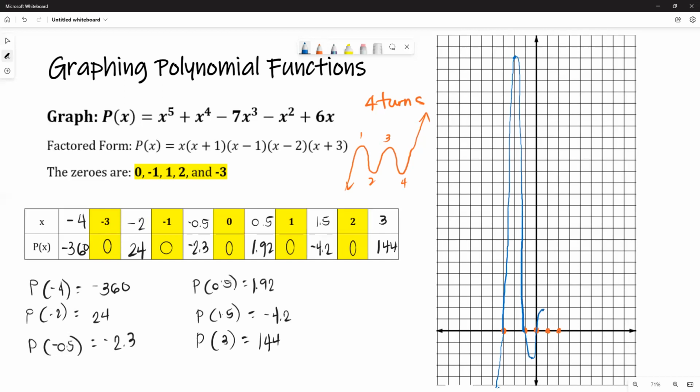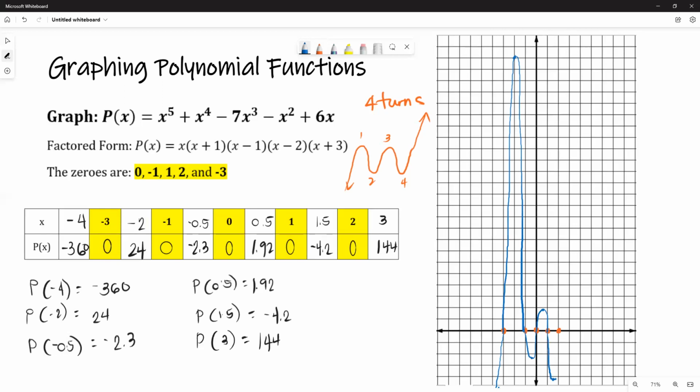And then 1, 0, going back to 1, 0. And then 1.5 to negative 4.2, somewhere here. Moving it down there.